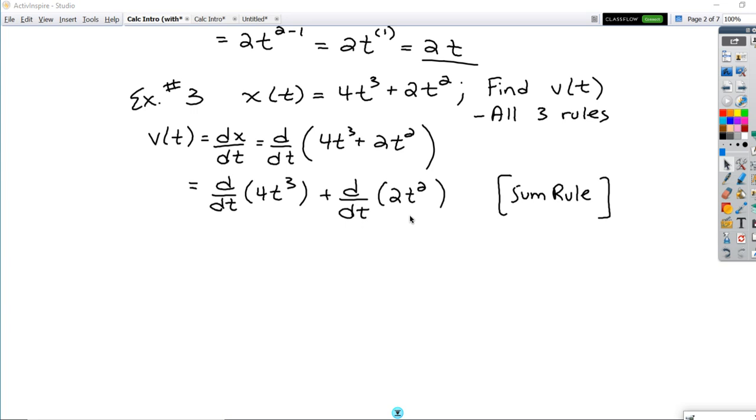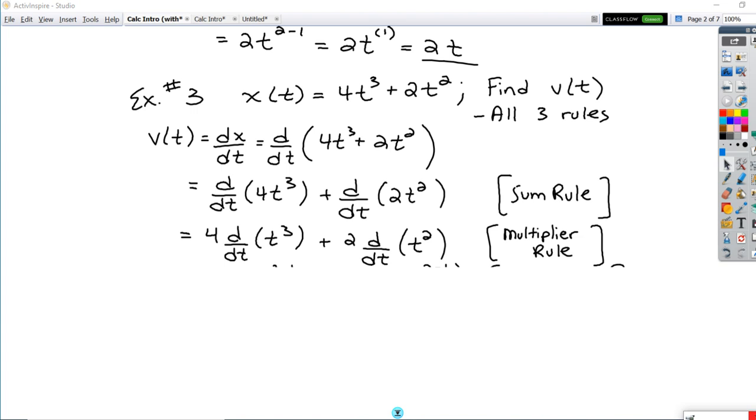First, we use the sum rule, that we separate the 2 terms of the sum and show that we're going to find the derivative of each term. We're then going to use the multiplier rule, which says take that constant and remove it from the problem for the time being, because then we can just multiply it in back later.